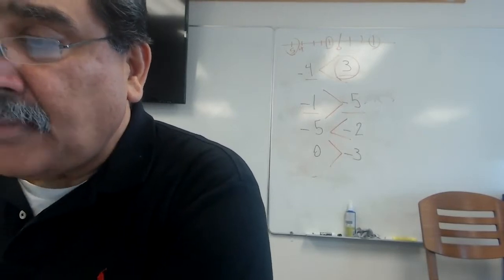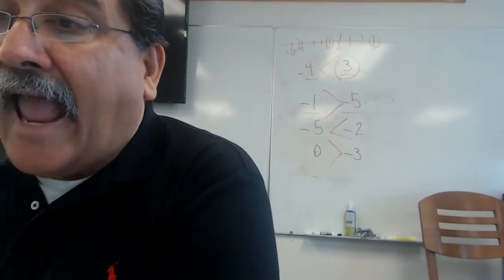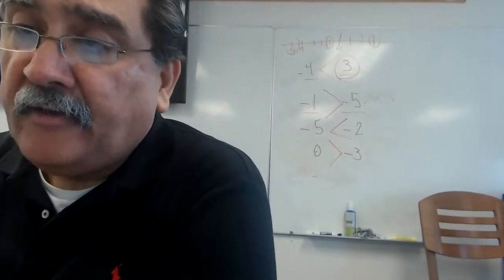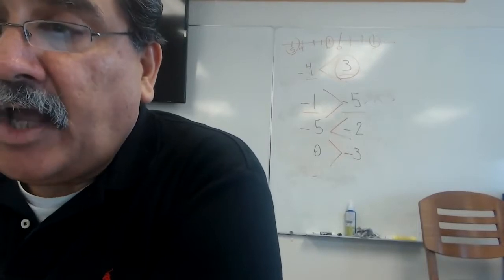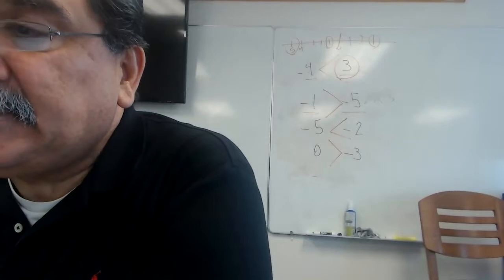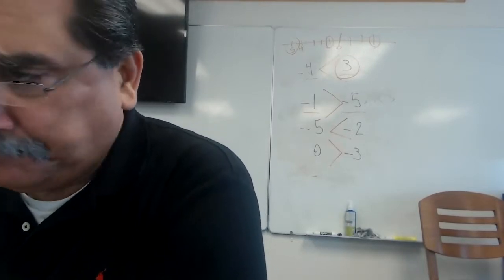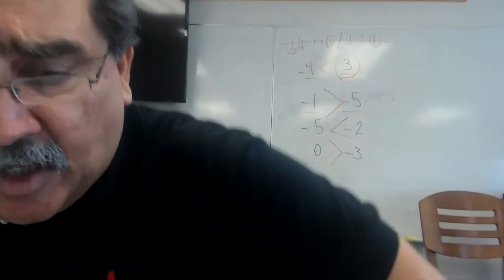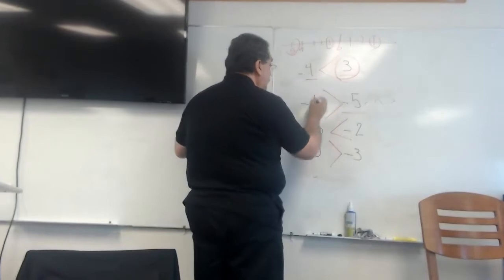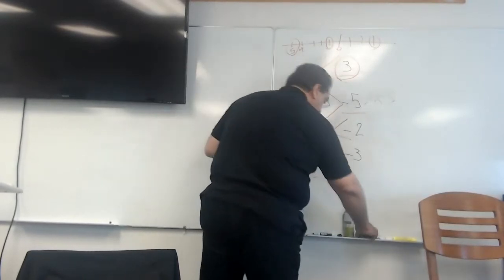Now, the absolute value of an integer: you have two little perpendicular lines, and you put any number between them. It's just the distance from 0 to that number. It's never negative. For example, what would be the absolute value of minus 1?